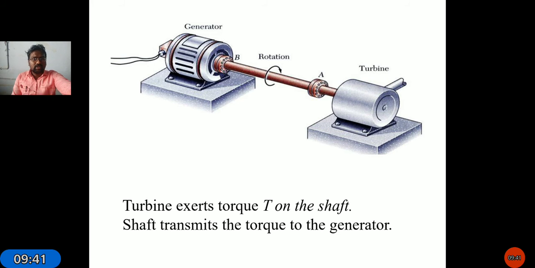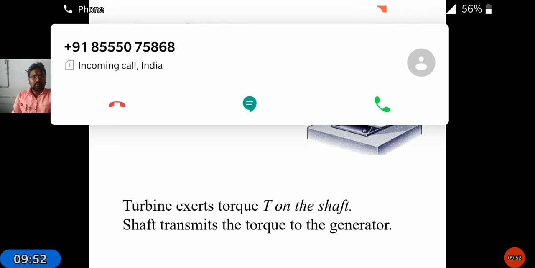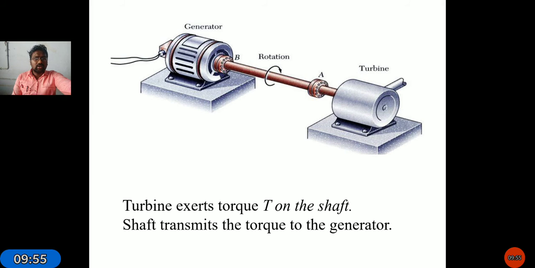Next, here is one more example, that is a turbine and generator. We all know the application of a turbine and generator. Here the generator gets energy from the turbine. Whenever the turbine rotates, the power from the turbine is transmitted to the generator with the help of a shaft.